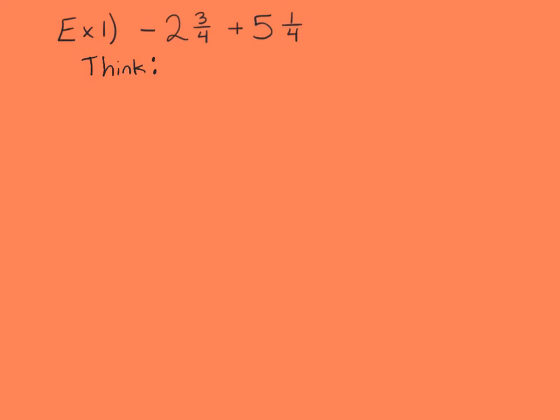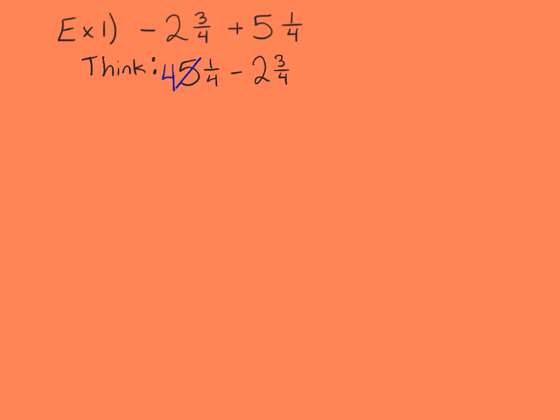And so I'm going to take the number further from 0, which is 5 1/4, and I'm going to subtract the smaller number, the number that really is technically closer to 0, 2 3/4. And we have the same denominators, so that's helpful. I do need to borrow on this 5 1/4. I'm going to borrow 1 from the 5 to make it 4.